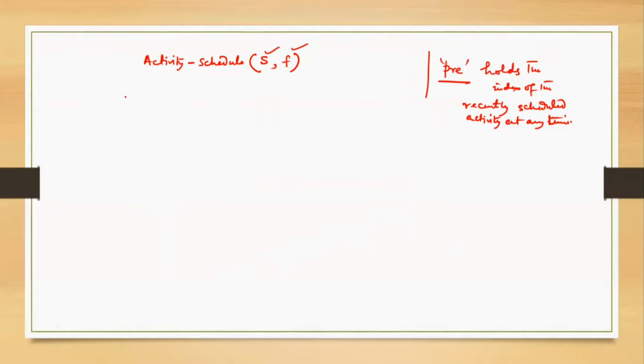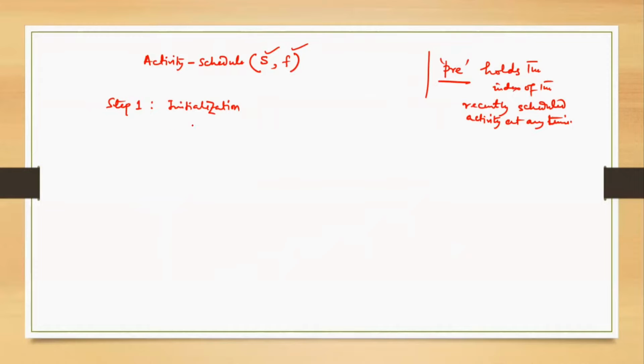So first, step one is called initialization. Suppose we have a list or array where we will store the activities which are scheduled.